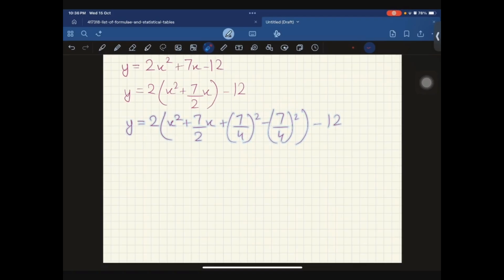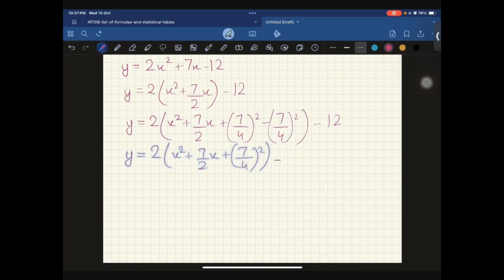So basically, this 2 over here is supposed to be multiplied with each term inside the bracket. If we're removing the last term, you keep the first 3 terms as they are. And then for the last term, you just multiply 2 to it.